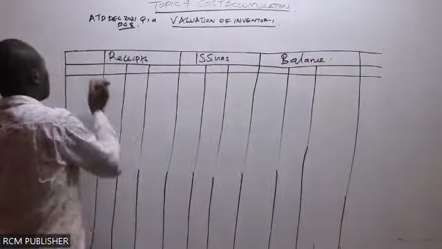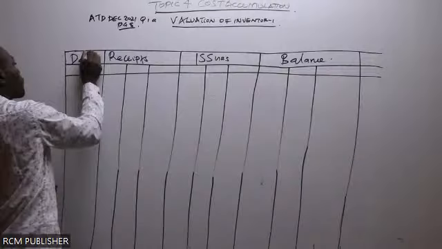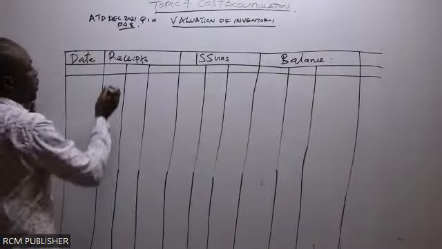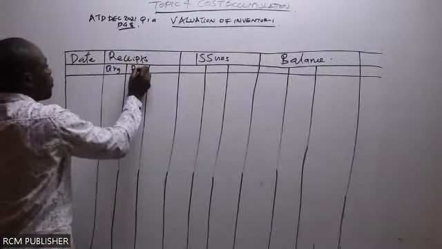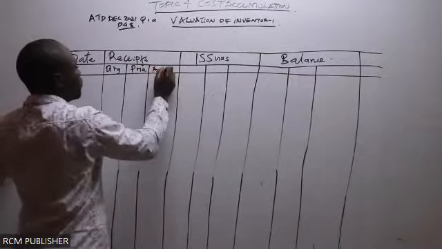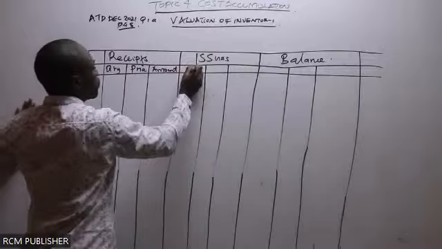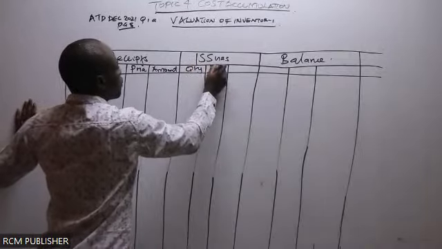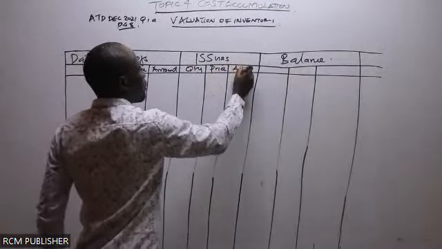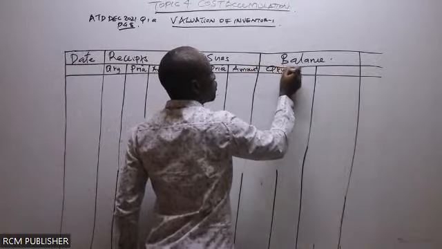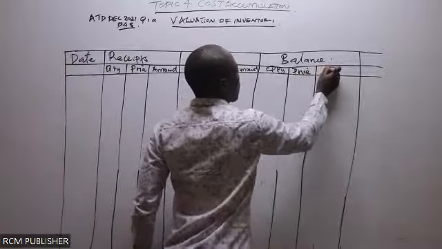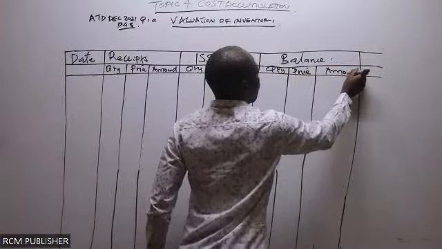So there we are going to have date. Here we have units or quantity, price, amount; quantity, price, amount; quantity, price, amount.